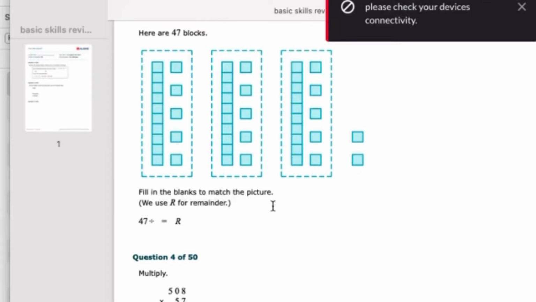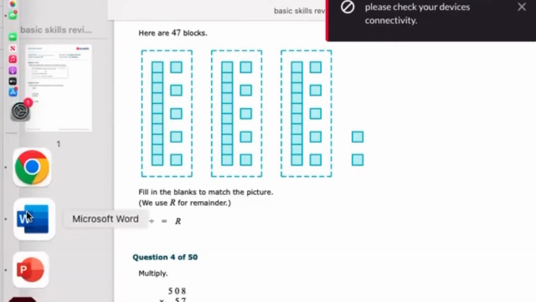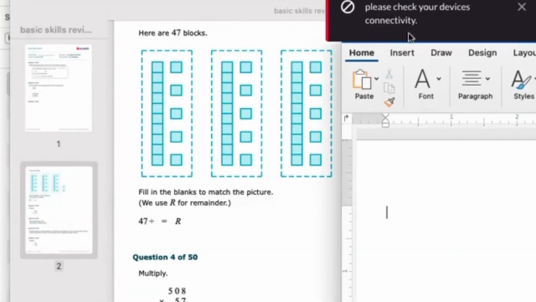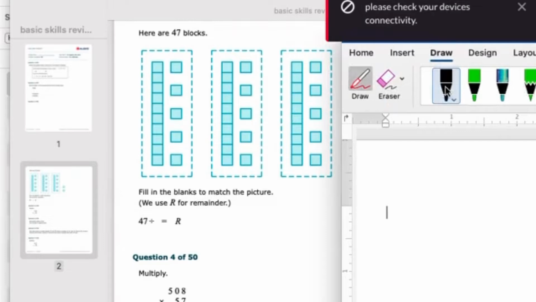Anybody? I will accept it 2 ways. So where's my Word document here? Okay, I will accept it one of 2 ways. You could say 47 divided by 3 is, and then you could count how many are in here. That's 10, 11, 12, 13, 14, 15. 15 with a remainder of what?